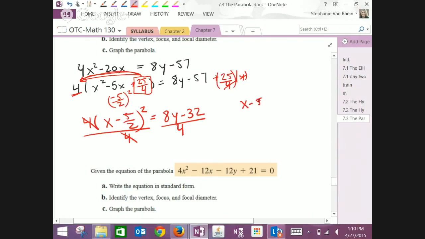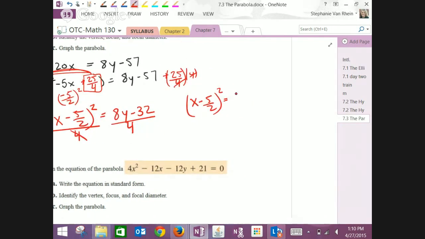So x minus 5 over 2 squared is going to equal 2y minus 8. And one extra step I need to do. Pull off the 2 and get y minus 4.